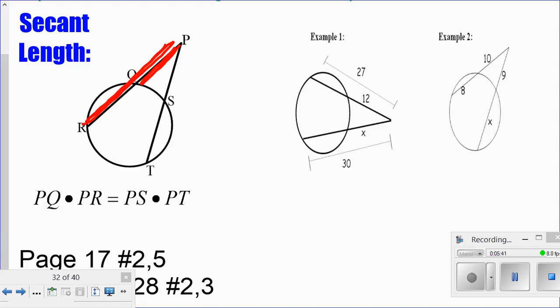And same thing, that's equal to PS, which is the external part, times the whole entire length of PT. So let's see how we use that with example number 1.